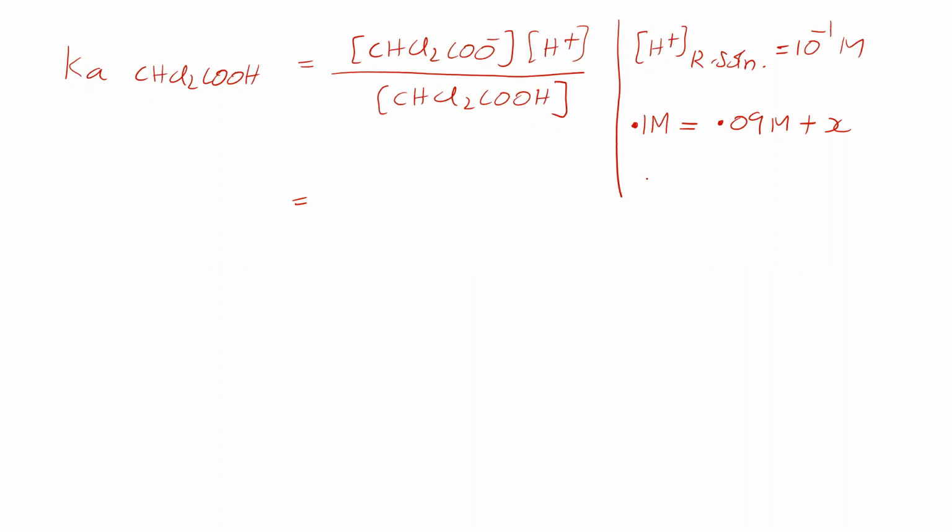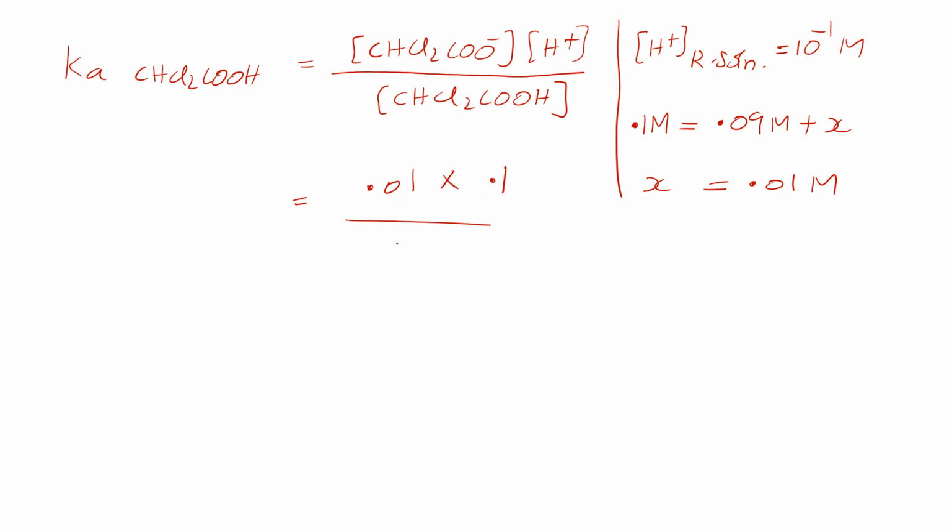Now we can calculate H plus. That means this X we can calculate. X is equal to 0.01 molar. Now we will go for the Ka expression. This dichloroacetate ion is X, that is 0.01 molar. H plus is given in the sum, 0.1 molar, because pH is 1.